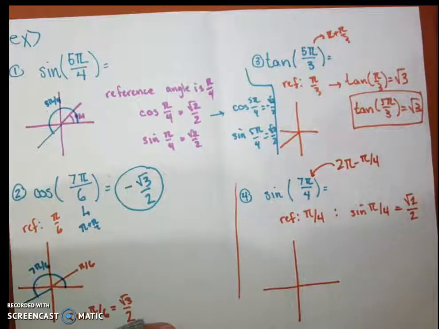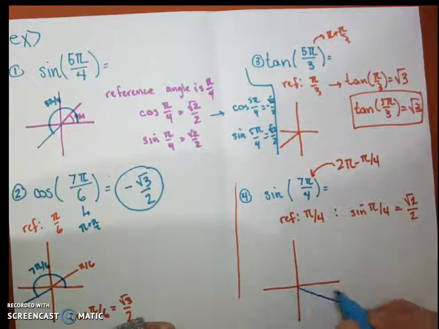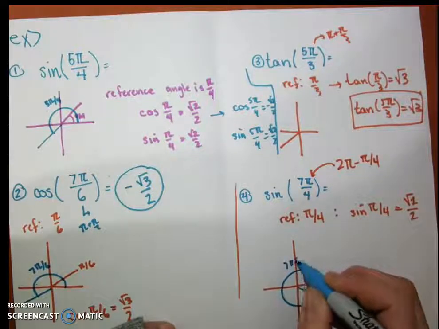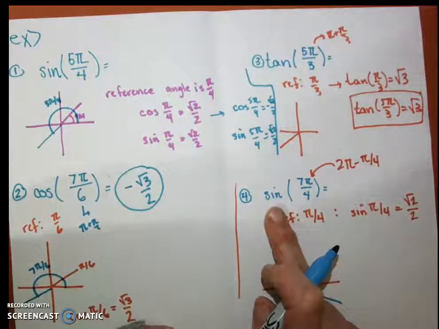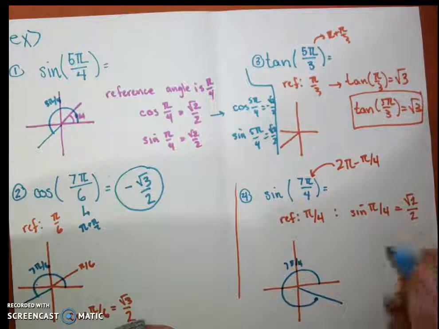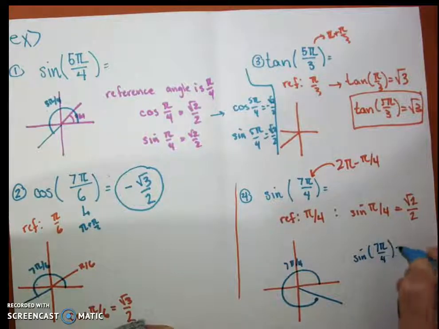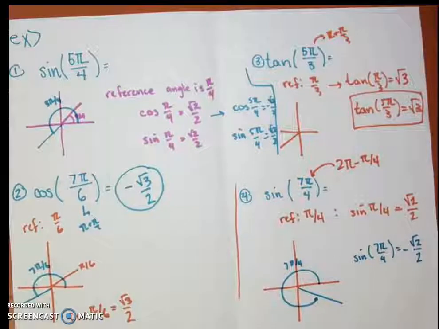So 7 pi over 4 is in the fourth quadrant. In the fourth quadrant, sine is negative because my y values are negative. So sine of 7 pi over 4 is root 2 over 2, but I have to put a minus sign in front. So this is how we use reference angles, and they're extremely useful.